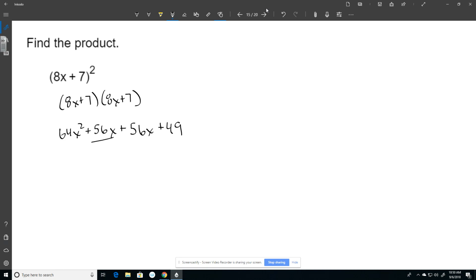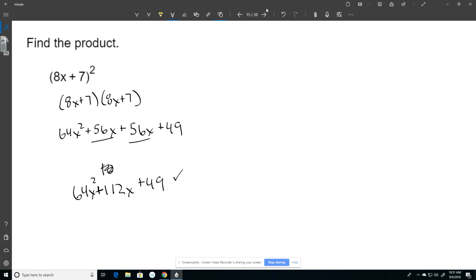Now I combine like terms. 56x, 56x go together to 112x. And then I've got plus 49 on this side and 64x squared on that side. So 64x squared plus 112x plus 49. And that's your final answer.